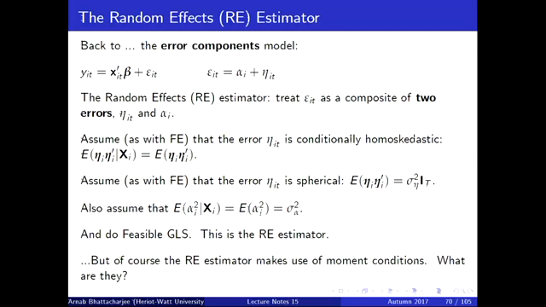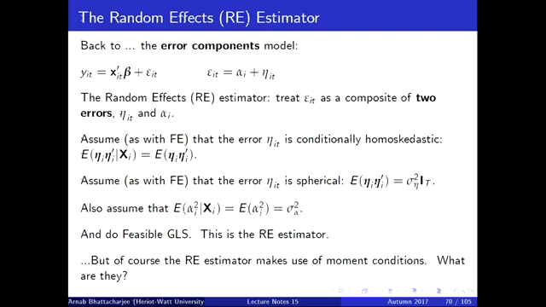So we are back to our original model. We are treating our error term as a composite of two objects. What are those? This idiosyncratic error term and this individual specific error term.